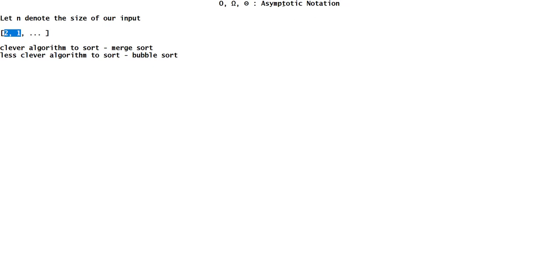So that's why we talk about asymptotic behavior when we talk about overall running time. We want to look at asymptotic behavior, and closely tied to that are these 3 notions of big O, big omega, and big theta.